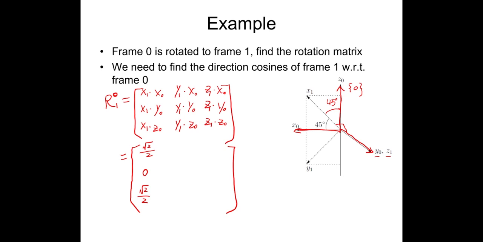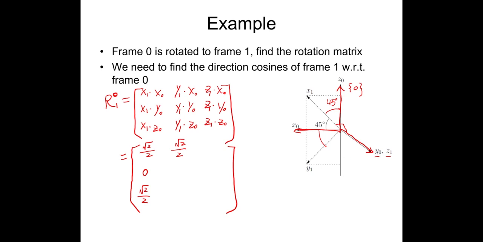Okay, the next term is y1 and x0. Again, this is 45, so it should be square root 2 over 2. And the next is y1 dot product y0. y1 must be perpendicular to z1, so it must be perpendicular to y0.